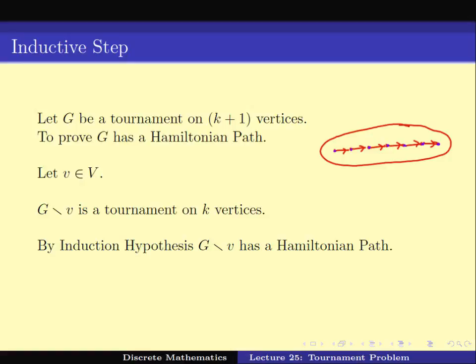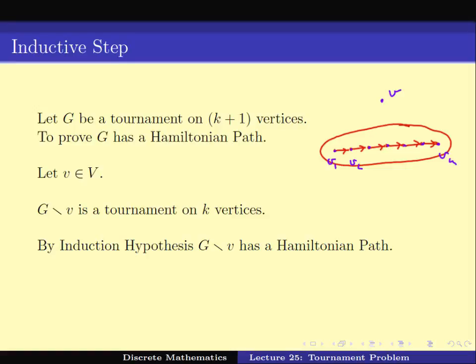So we have renamed the whole set of vertices: the first one is V1, the second one is V2, till the last one Vk, and I got a Hamiltonian path. That means there is an edge from V1 to V2, V2 to V3, and so on till Vk. And I have the V sitting over here. This is V.